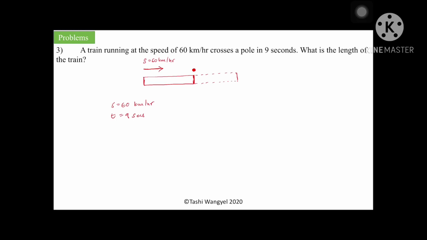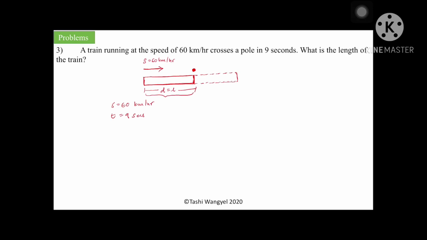The length of the train is the distance covered while crossing the pole. So this distance is equal to the length of the train. The total position covered until the pole is crossed is the distance, and this distance is equal to the length of the train.